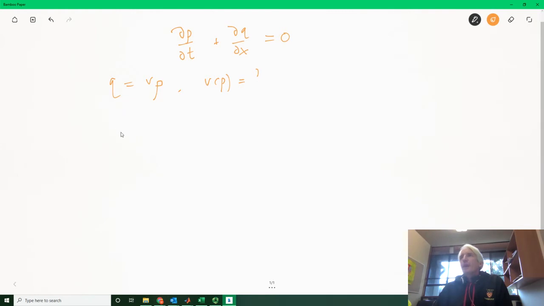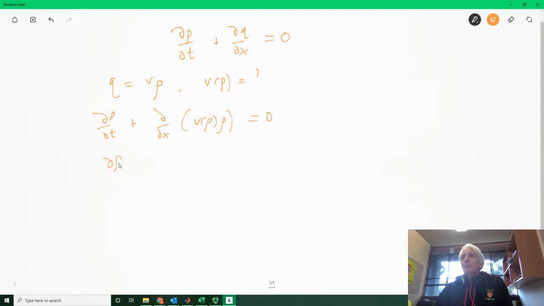Okay, just before we do that, we're going to substitute in here. So we've got ∂ρ/∂t plus ∂/∂x of v(ρ) times ρ equals 0.